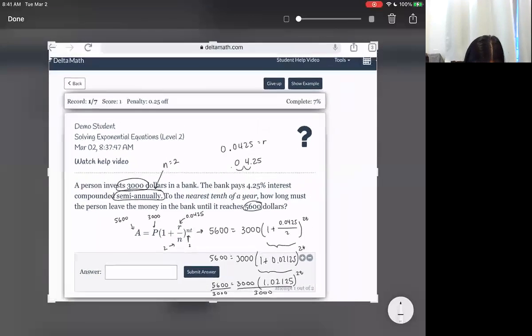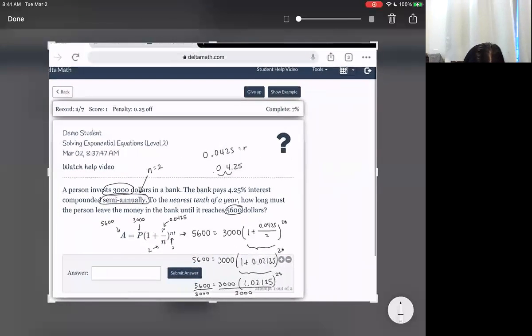on both sides. And I'm going to scoot out a little bit so I have space over here to write it out. So what is 5,600 divided by 3,000? I'm just going to round it. 1.866.